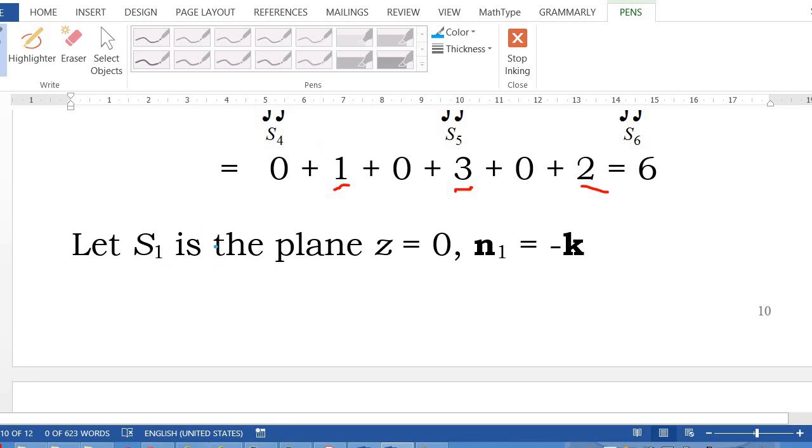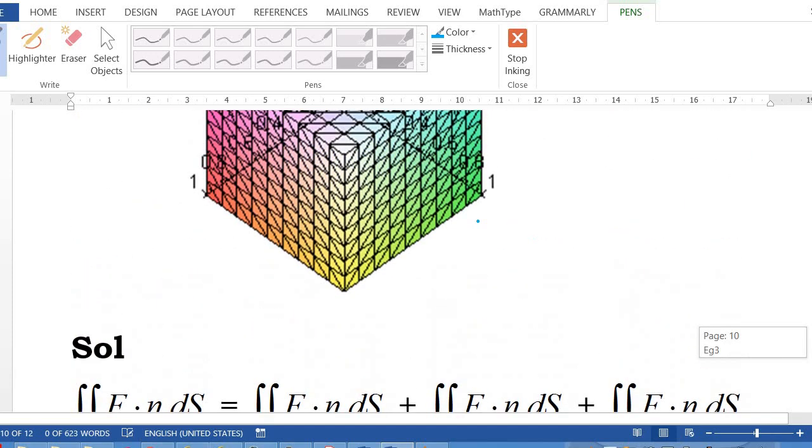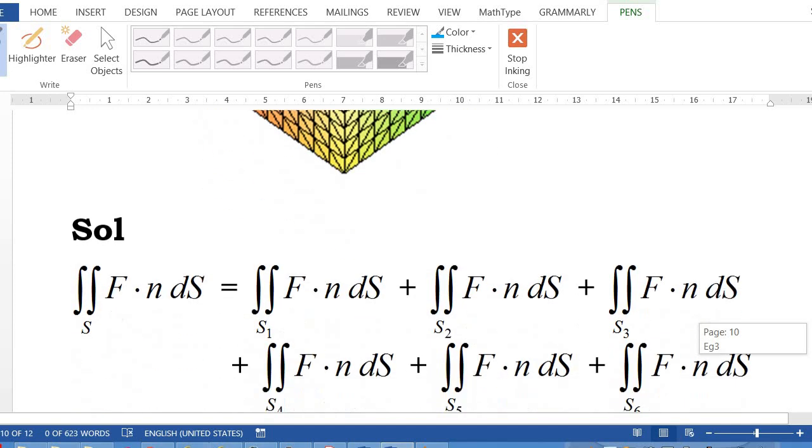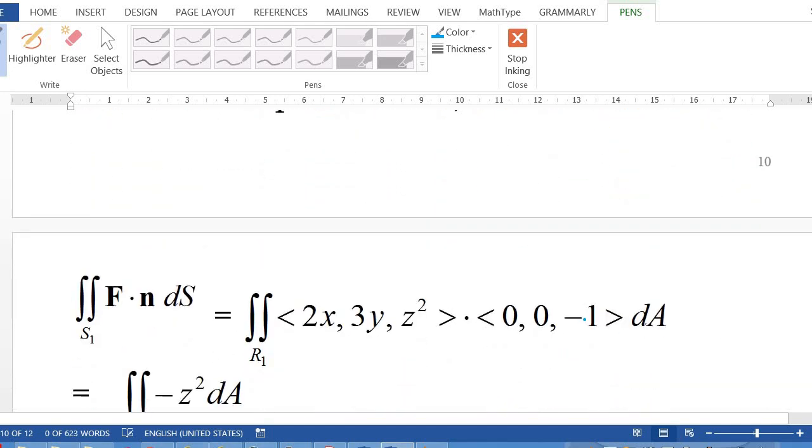Let S1 be the plane z equals 0, on xy plane, and the water flows out. That's why the unit normal vector, which is orthogonal to z equal to 0, will be negative k. Because on z equal to 0, the normal vector flowing out and orthogonal to z equal to 0 is negative k only.